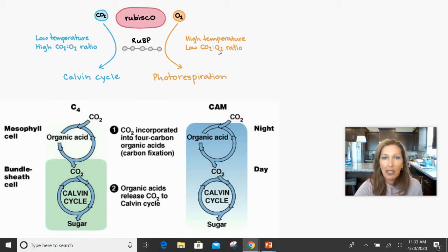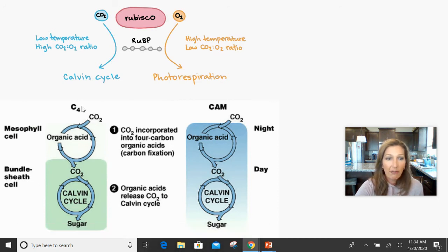So what ends up happening is oxygen gets grabbed by Rubisco and RuBP, which is not going to lead to any development of organic molecules. If we're not developing organic molecules, there's no growth that the plant can have. So C4 and CAM plants evolved in order to combat this photorespiration in dry, arid environments.